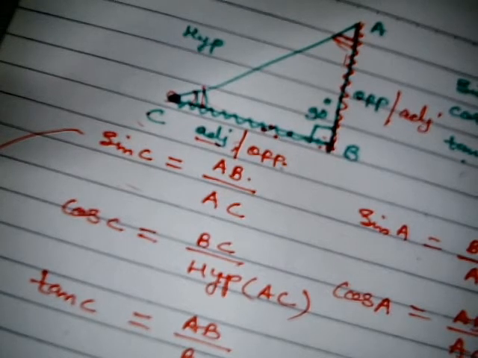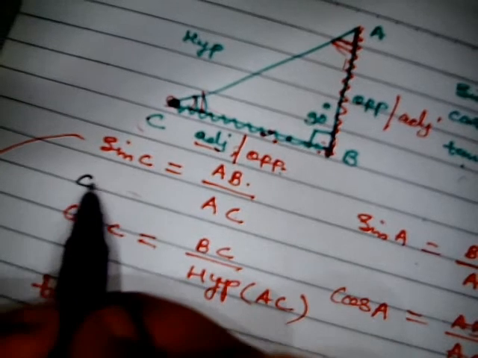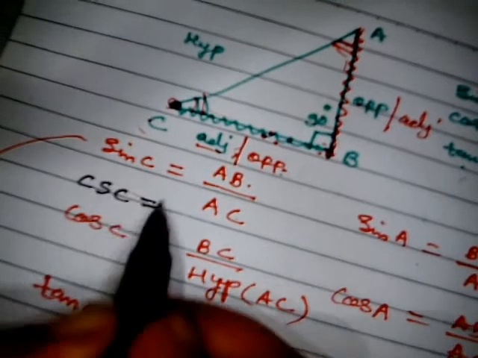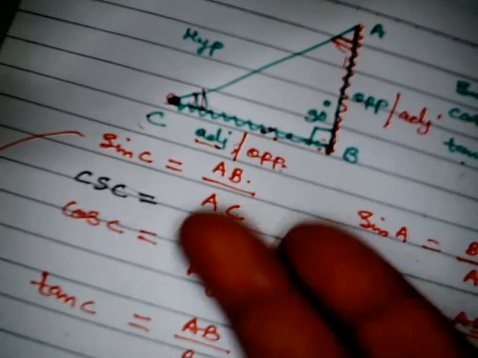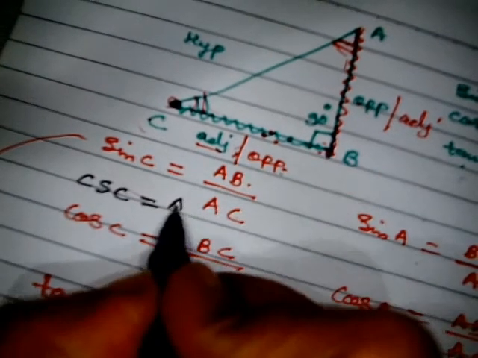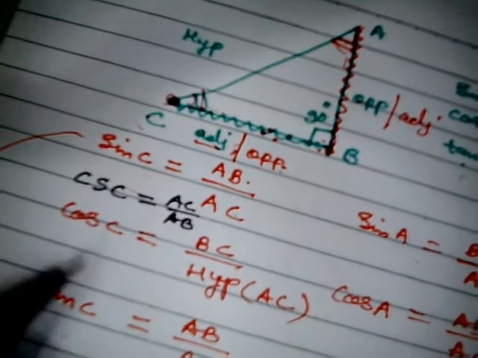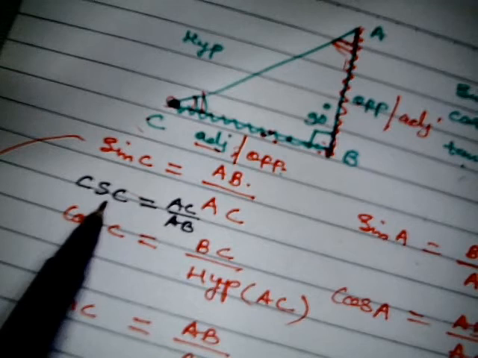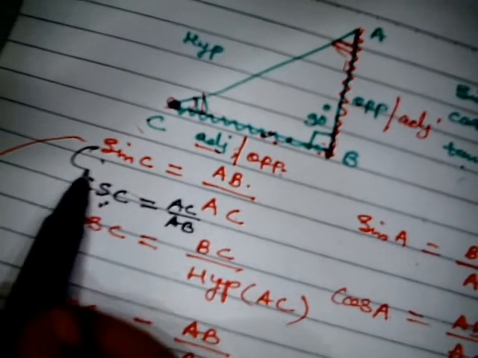Cosec is the inverse of sine, so you need to flip the two sides. When you flip it over here, this will become AC upon AB. If you know cosec, then you can calculate sine, because these two are inverse of each other. If cosec is AC upon AB, then sine will be AB upon AC.